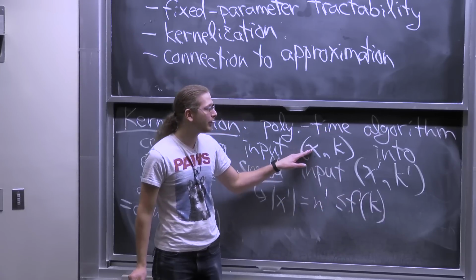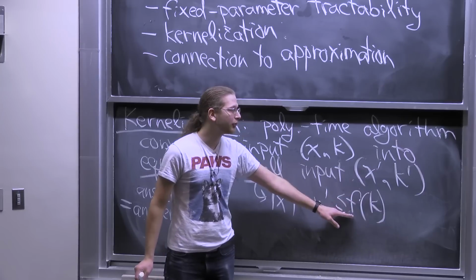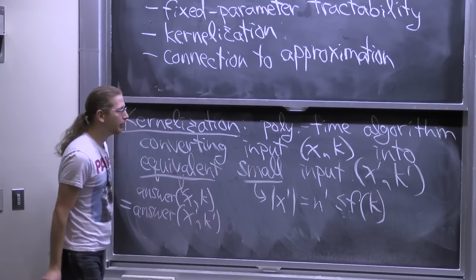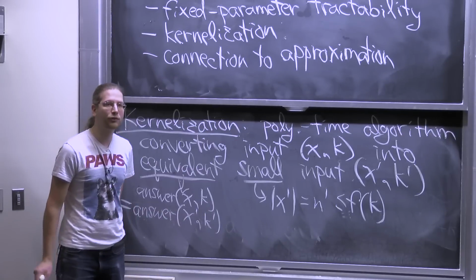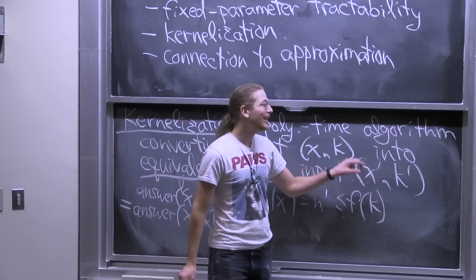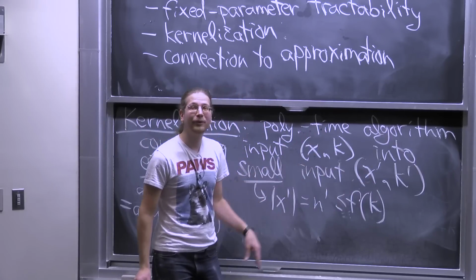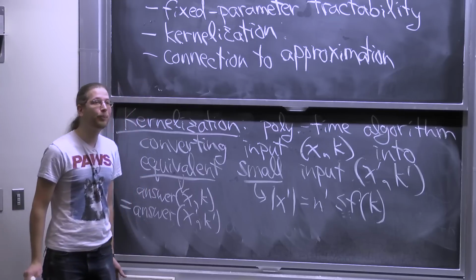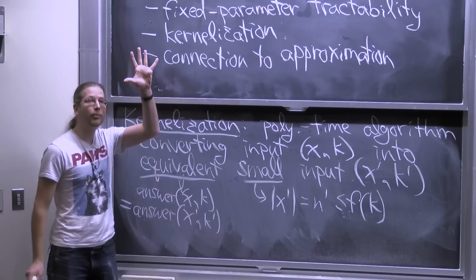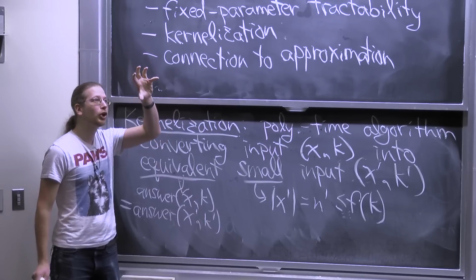Okay, we started with something of size n. We produced something whose size is a function of k. And then, OK, there's some other parameter k prime. Doesn't matter much what it is. It's going to also be a function of k. So we started with something of size n. We produced something of size k in polynomial time. Wow, this would be big if we could do it, because we start with a giant problem, small k, and we kernelize it down.